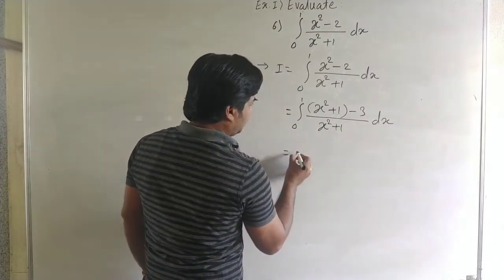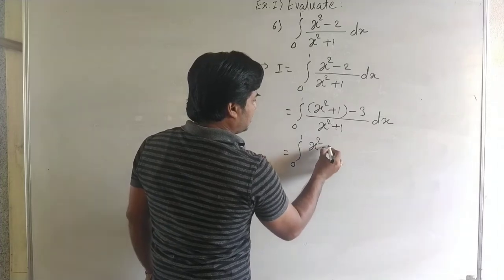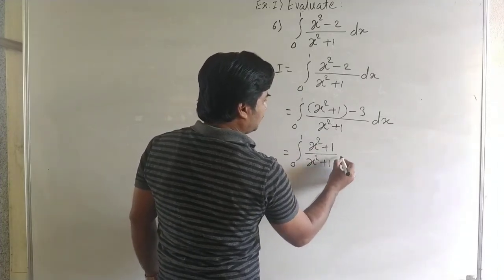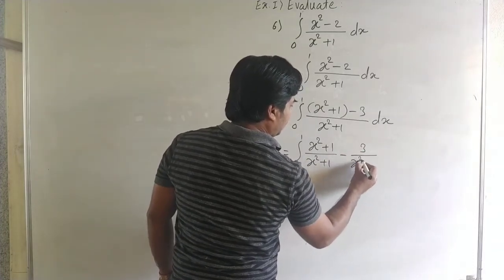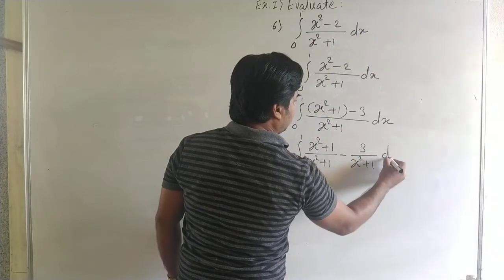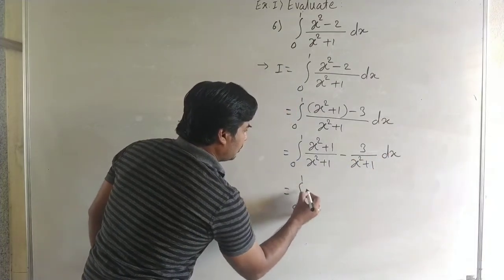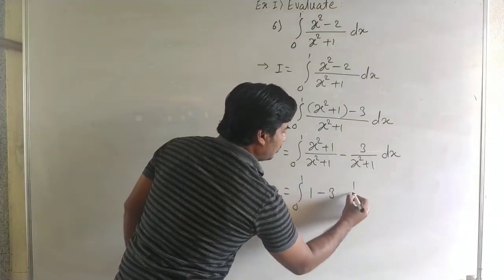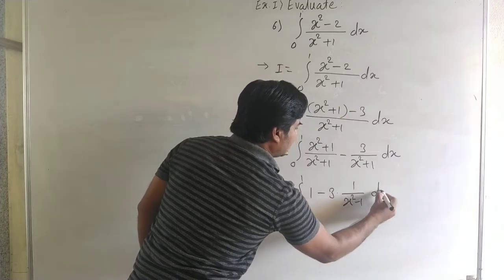Now integral 0 to 1 x square plus 1 upon x square plus 1 minus 3 upon x square plus 1 dx. And now here integral 0 to 1, it is 1 minus 3 into 1 upon x square plus 1 dx.